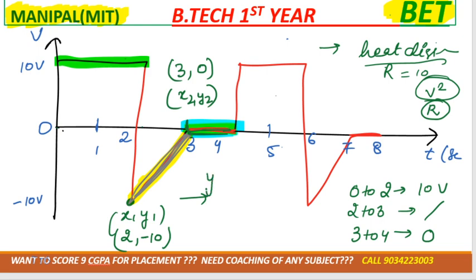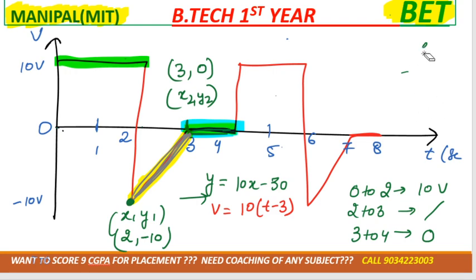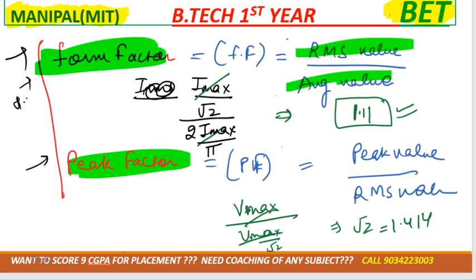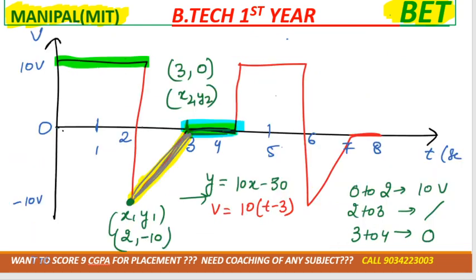After solving you will get this equation, y equals 10x minus 30, but I need to write it in terms of voltage and time. So V equals 10, I'll take common, (t minus 3). Okay, clear? Now tell me, any doubt up to here? Now I'm summing this in the integration form as I told you. I'm applying this formula which I told you. First of all we need to calculate the voltage.